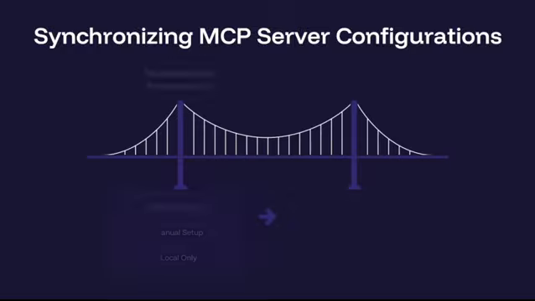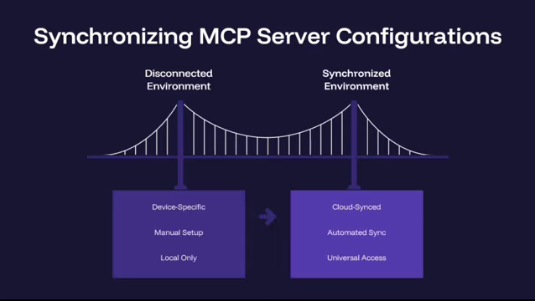Okay, let's go ahead. Synchronizing MCP server configuration. Let's understand this. Similarly, I have taken a small infographic to give you better clarity on this topic. Many developers use multiple devices such as desktop, laptop, or cloud development environments like GitHub Codespaces. But without synchronization, we would have to install and configure every MCP server manually on each device.